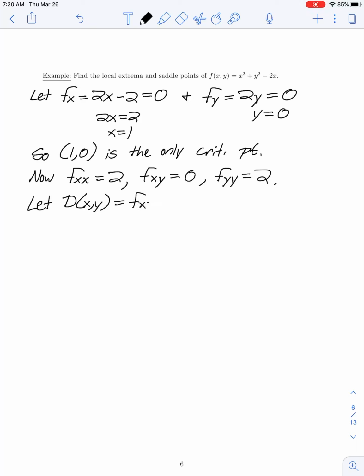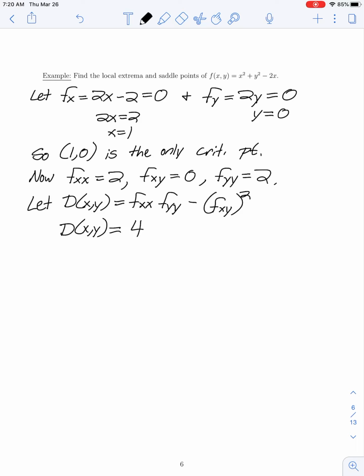So the discriminant, capital D of x,y, is defined, recall, as the product of f sub xx and f sub yy, minus the product of our mixed partials, which would be f sub xy squared.